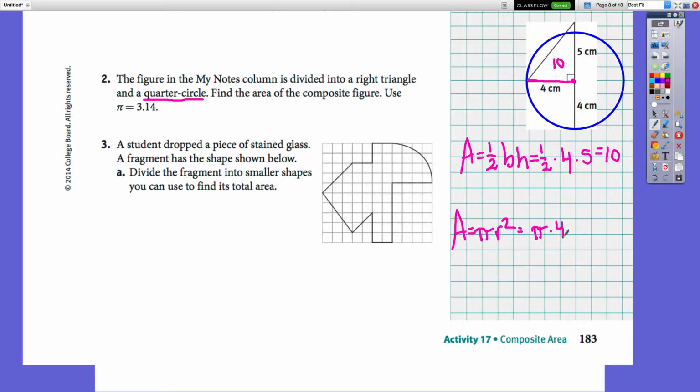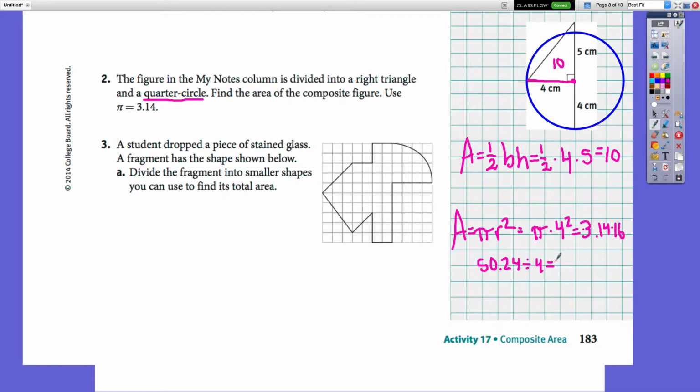So pi times 4 squared, or again, 3.14 times 16 is going to give us the area of the entire circle as being 50.24. Well, again, we don't want the entire circle. We want a quarter of it.